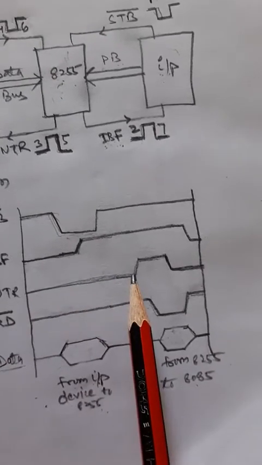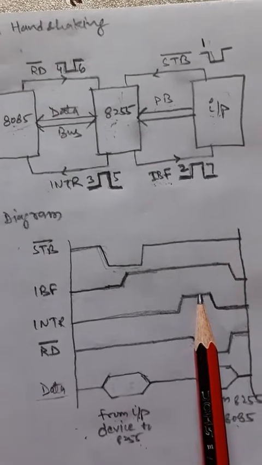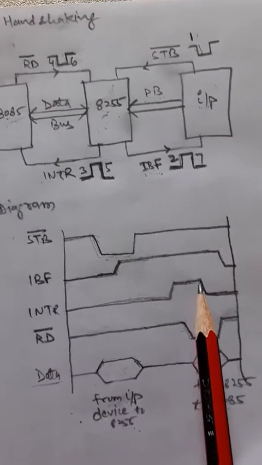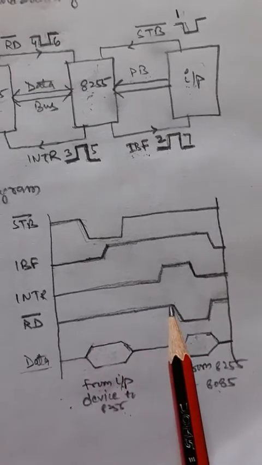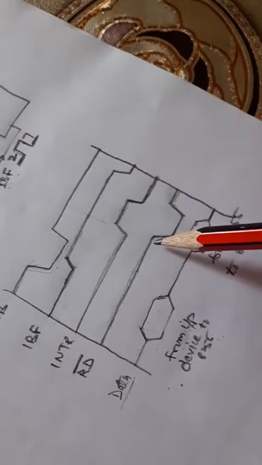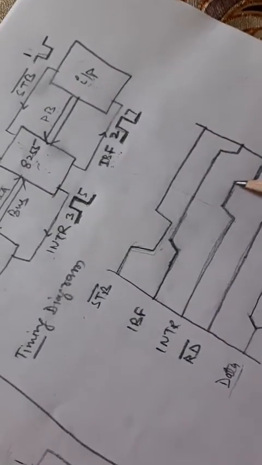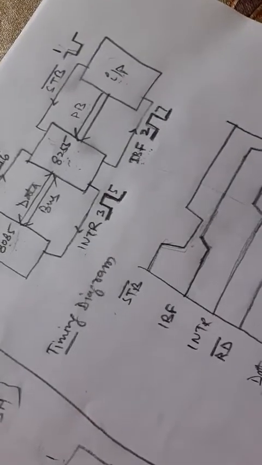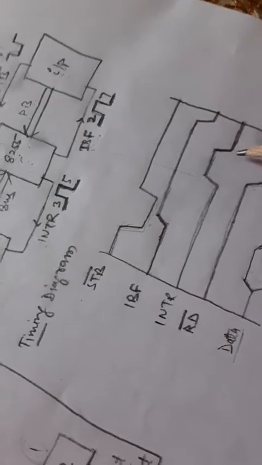By keeping the INTR signal high, it informs the 8085 that I am having some data, I want to transfer it. When the MPU is free, it keeps the read bar signal low, and immediately the 8255 keeps the INTR signal low, to prevent duplication of that data.